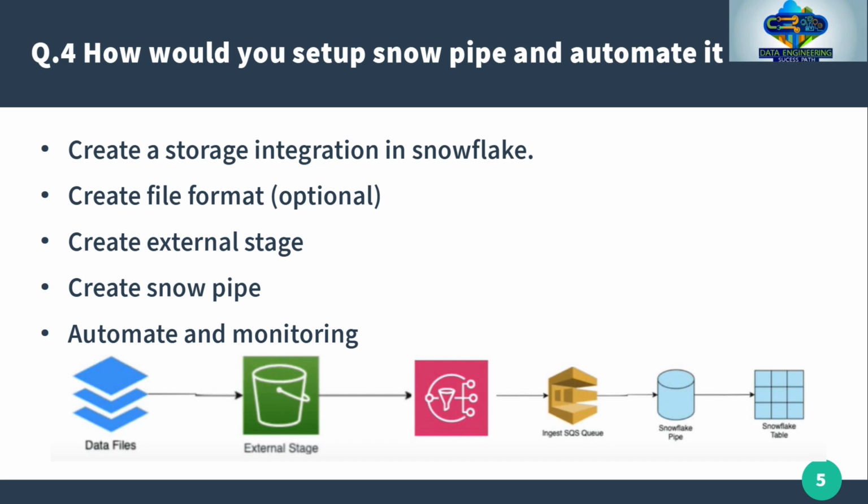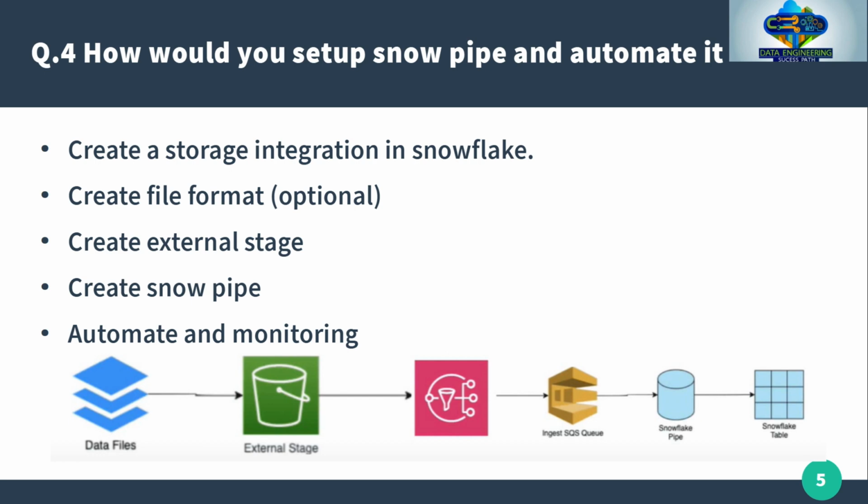Once the file format is created, we need to create the external stage. Create an external stage that references your S3 bucket and the storage integration. This stage is where Snowpipe will look for files to load. Creating a stage is also super easy.